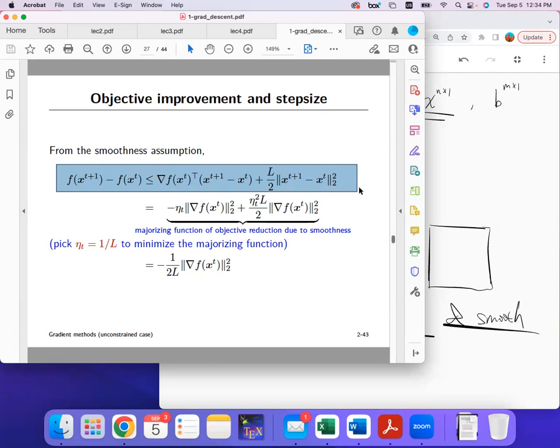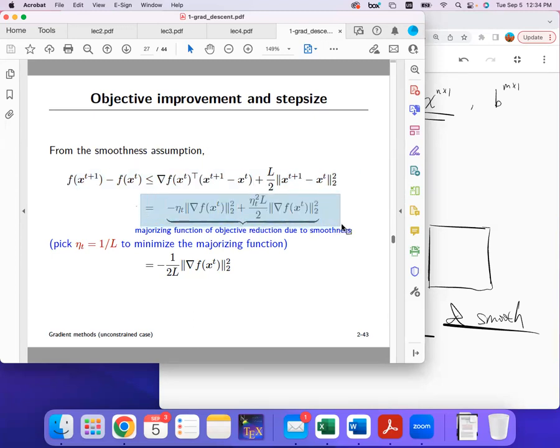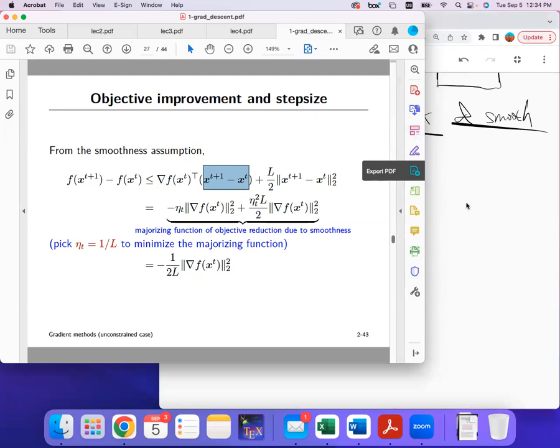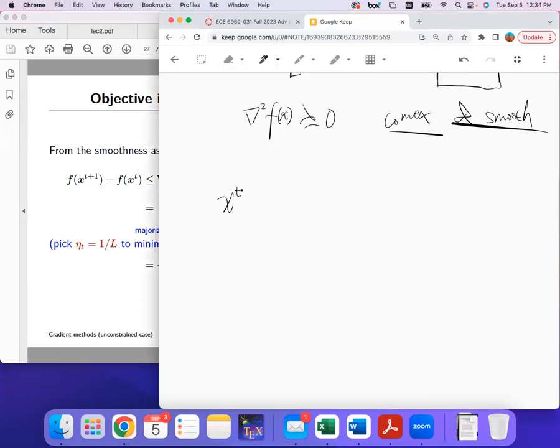Now the second line is an equality. Well, we leverage the update rule of gradient descent. Remember, gradient descent says that x_{t+1} minus x_t is what? It's negative eta_t times the gradient of f at x_t.